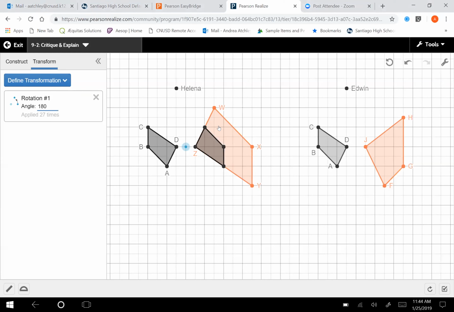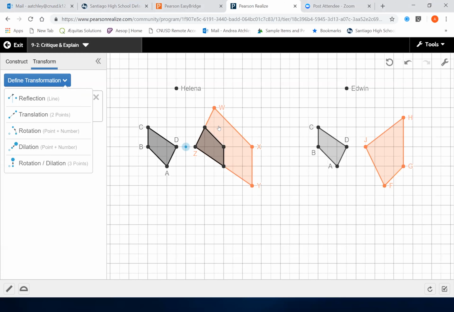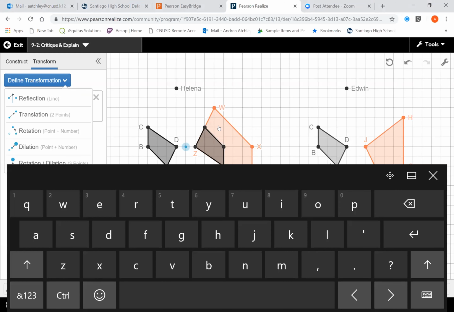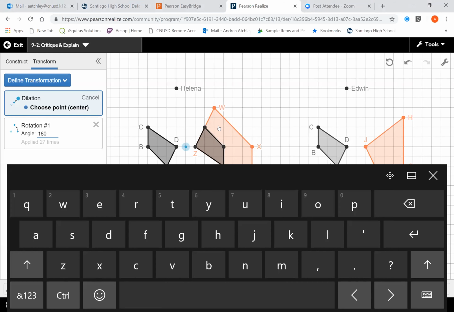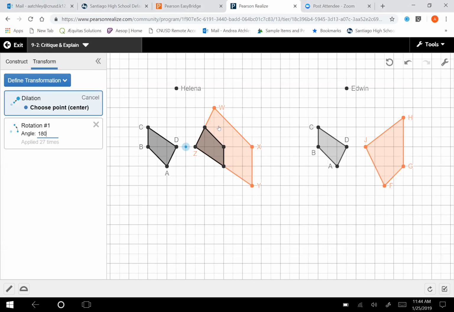Okay, so then we're going to define the transformation. I'm going to have a dilation. I'm going to choose the center point, dilation by 2. Okay, and I'm going to apply there.